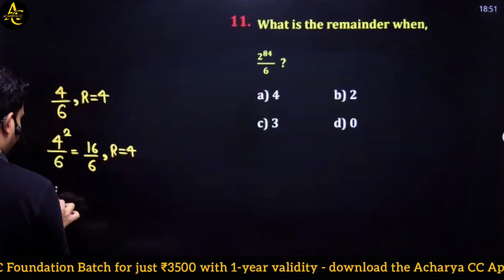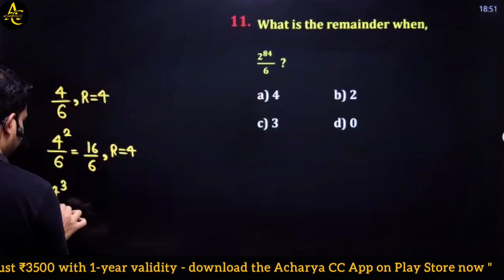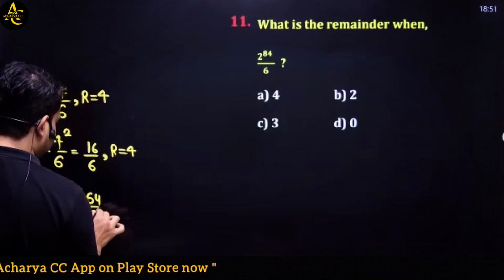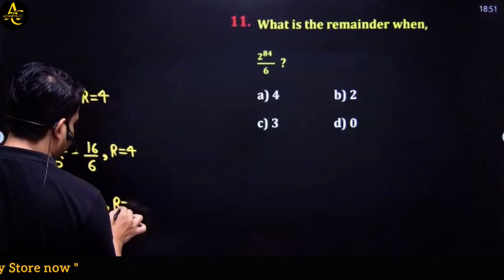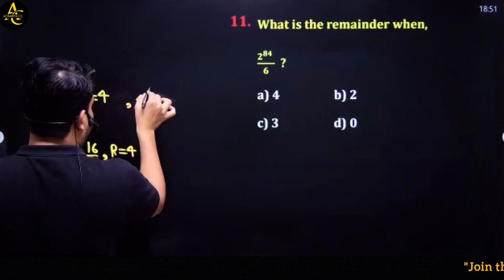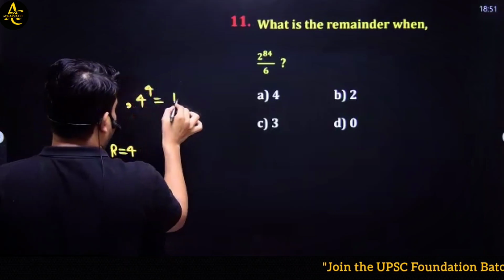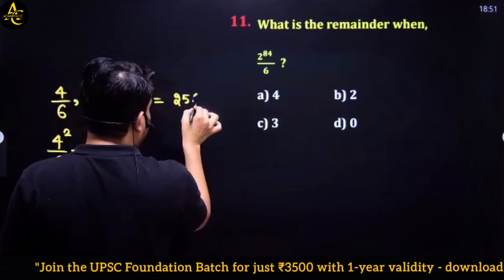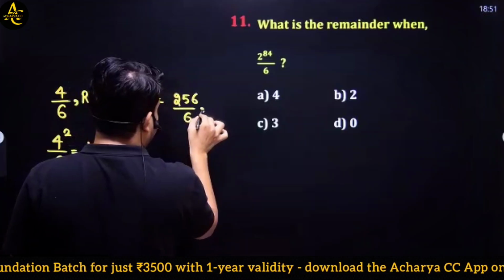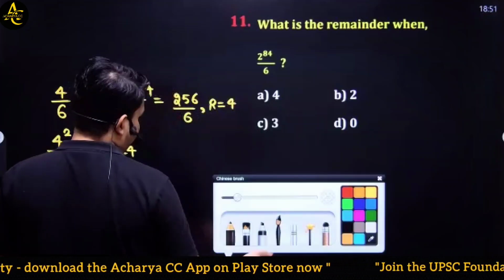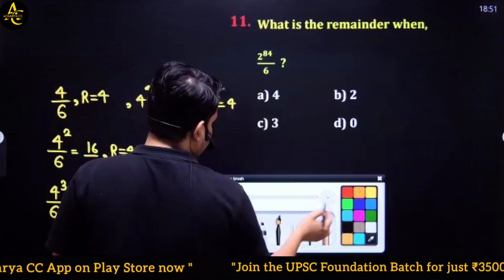If I divide 4 cube, which is nothing but 64, by 6, the remainder is 4. If I divide 4 to the power 4, that is 256, by 6, the remainder will be 4, because 252 is completely divisible by 6.